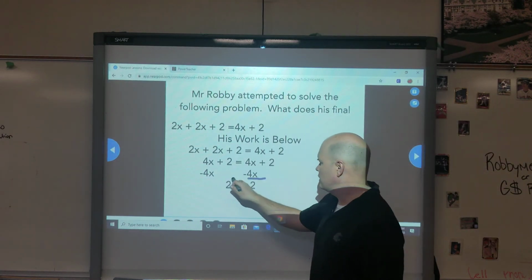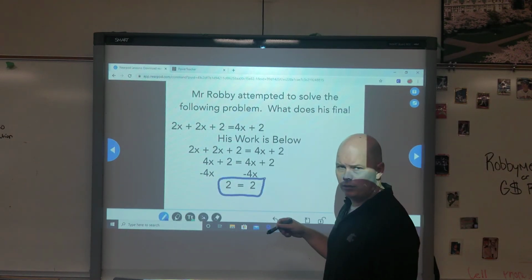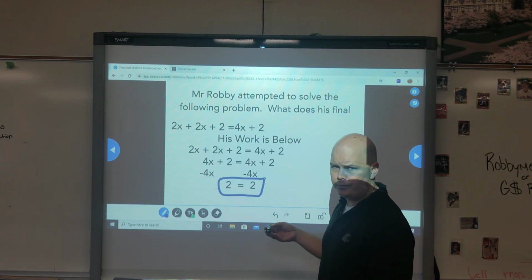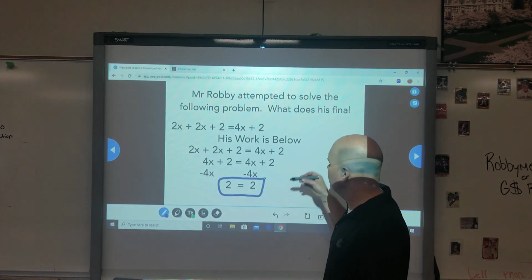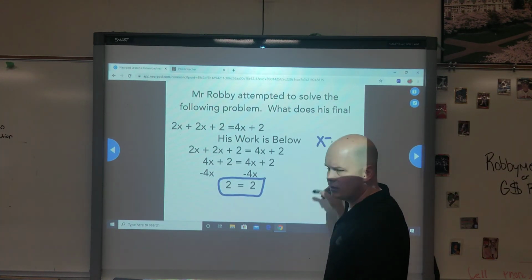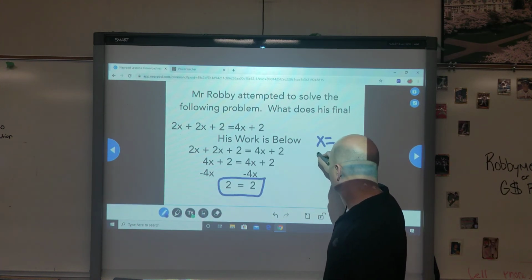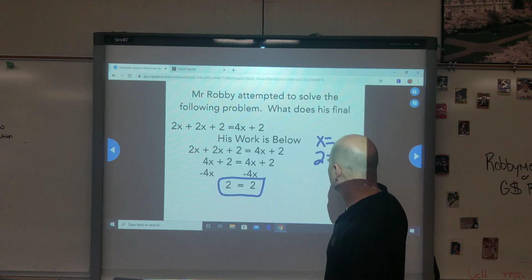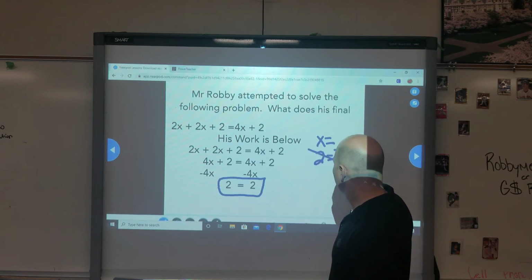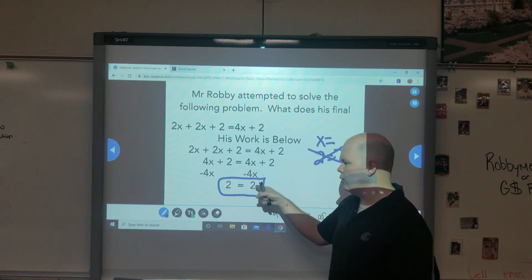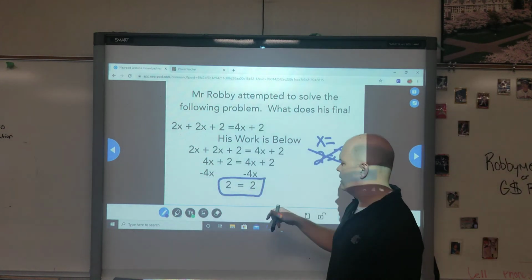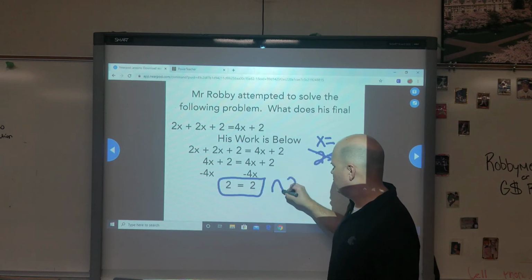And if I'm always left at the very end with something that says like 2 equals 2, if you think about it, when there was one solution, I always had an x equals something or a y equals something. When there was no solution, it made no sense. So if it's 2 equals 2 and it makes perfect sense, that would indicate that there are infinite solutions.